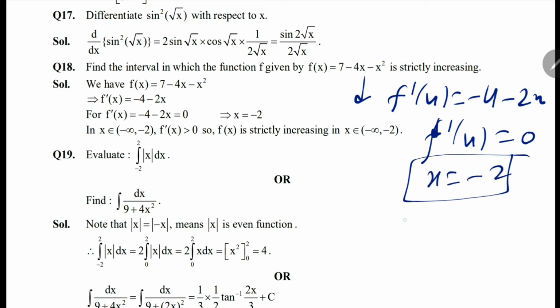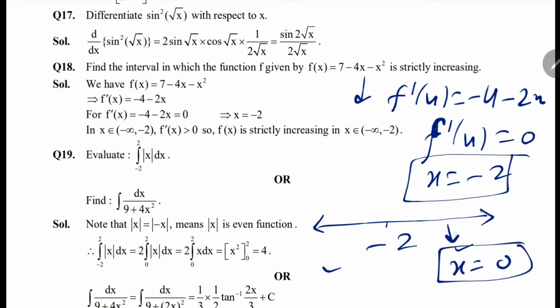Okay, so we have a number line. We will take any value from this interval and this interval, and then we will check in which interval the sign of the derivative, means the sign of f dash x, is positive. So if we take a number, suppose x equal to 0 from this interval, and put it back in the first derivative of this function, it comes as minus 4, which is negative.